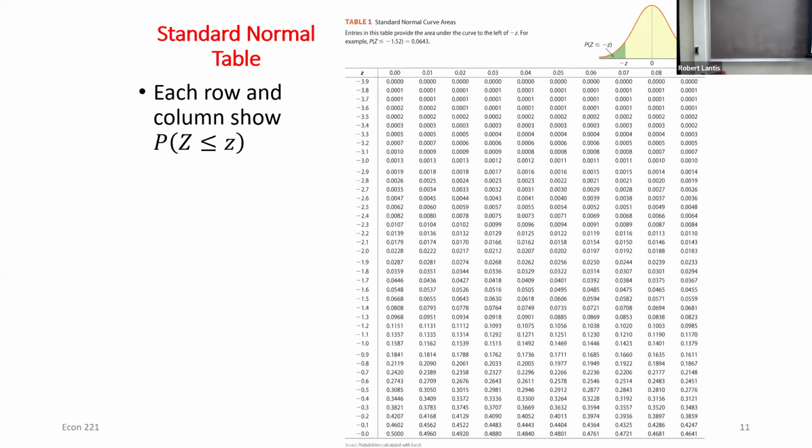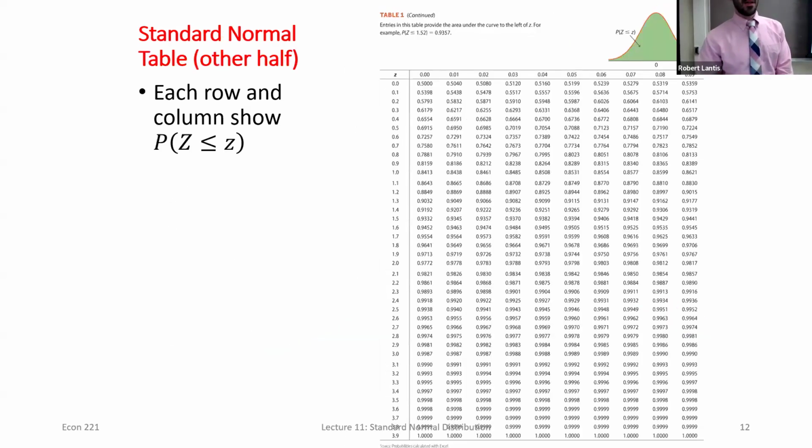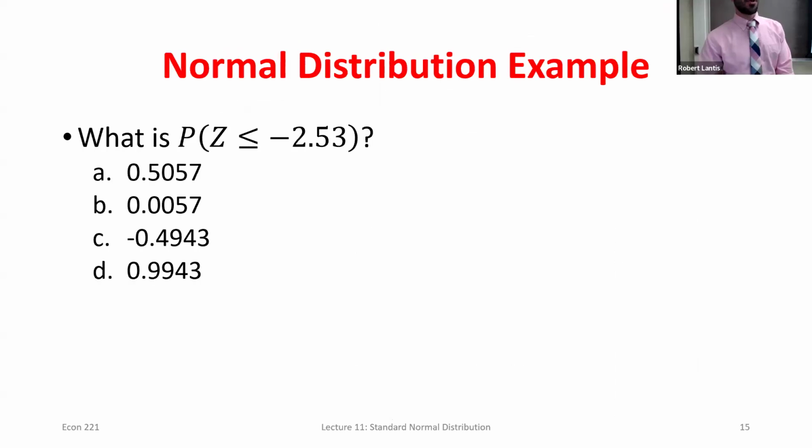So I have one more step, which is I need to take 0.0057 and subtract it from 1. If I do that, that should give me 0.9943. And then kind of an easier one, if I just wanted the probability it's less than -2.53, well, then I could just grab it right from the table. I didn't have that additional step. Okay.